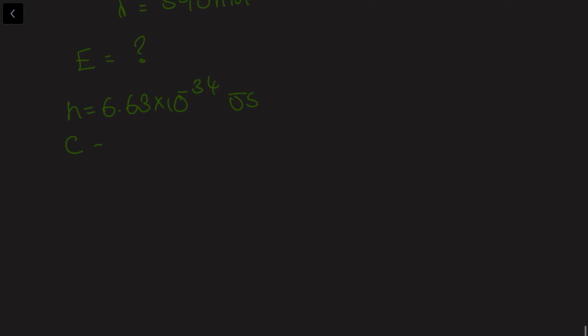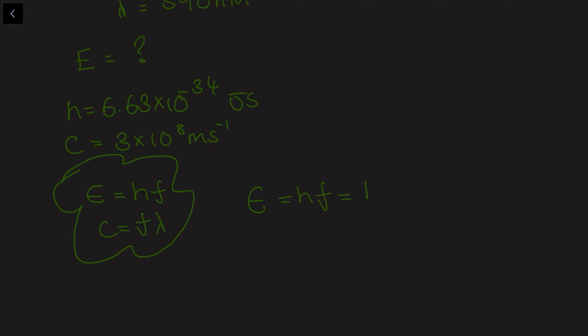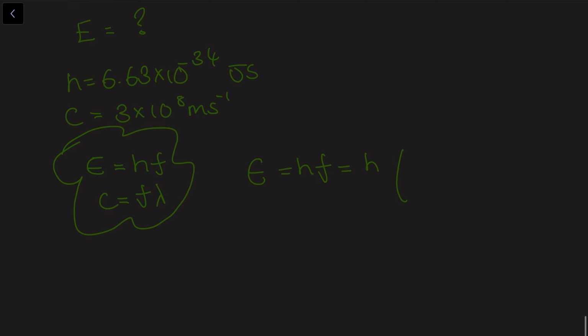And we also know that c equals 3 times 10 to the power of 8 meters per second, okay? And we know that energy equals hf, and we know c equals f lambda. Here are the two important equations we need to find the energy. So, energy equals hf, and we're going to just substitute f, frequency, as equal to c divided by lambda.